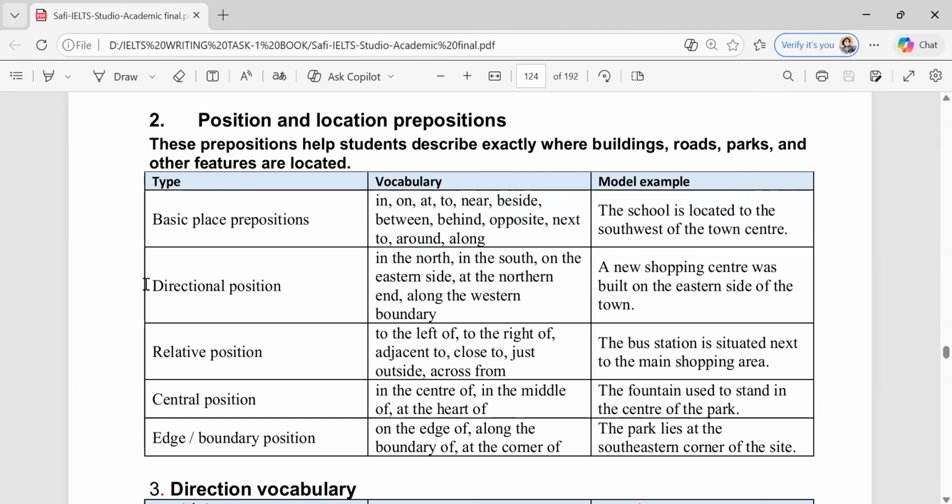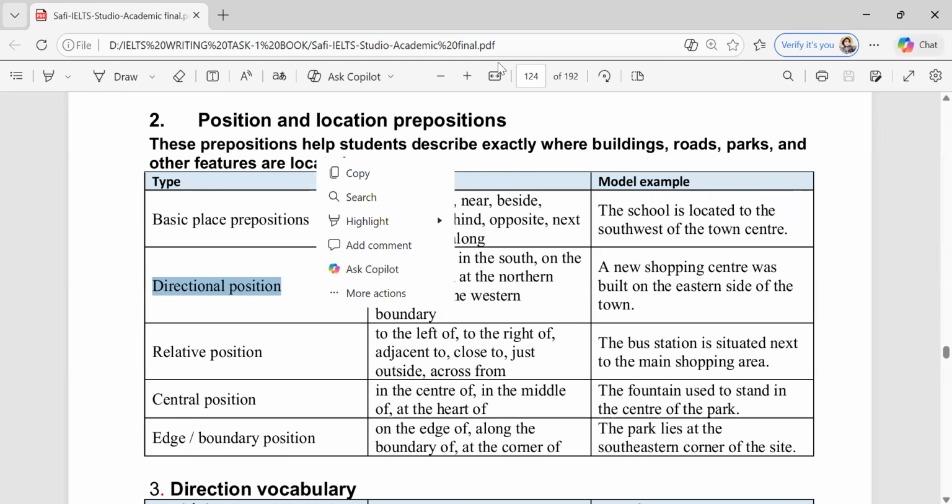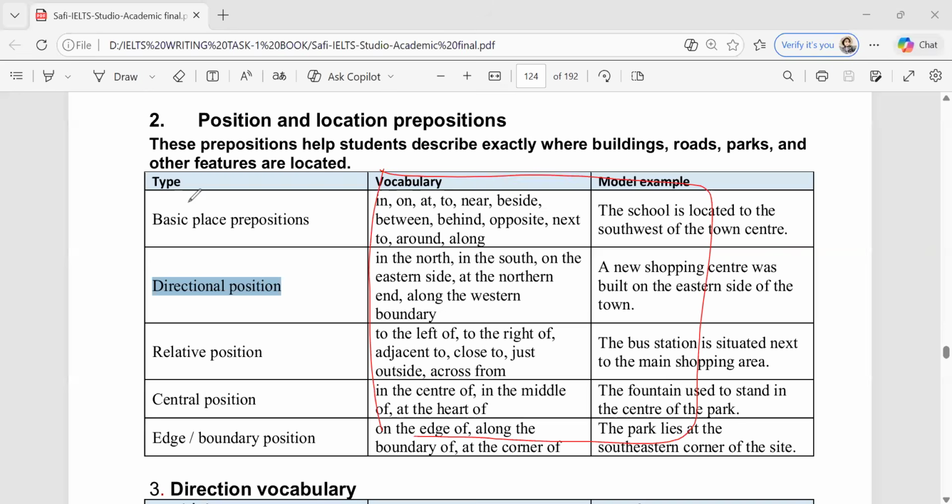Then you need directional position. For example, let me draw. Suppose this is my map. You understand this is your west side, this is east, this is north, and this is south. And these corners we call southeast, southwest, northwest, and northeast.